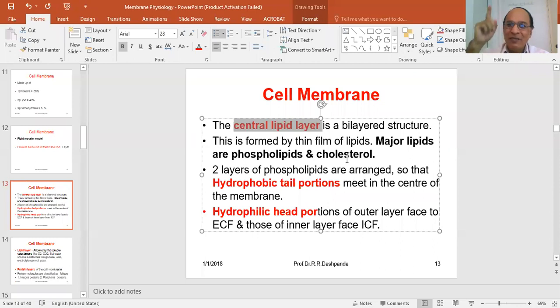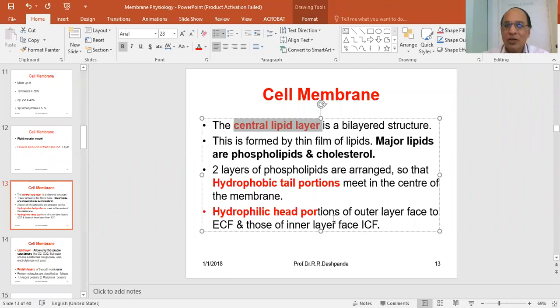Cholesterol is needed for the body, and basically the cell membrane has this central lipid layer which contains cholesterol. Two layers of phospholipids are arranged so that the hydrophobic tail part does not allow water, and the hydrophilic head part allows water-soluble ingredients like vitamins.